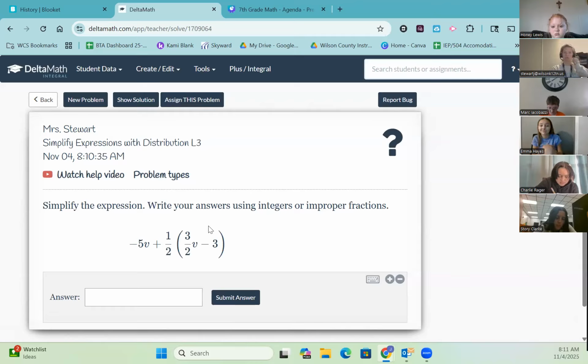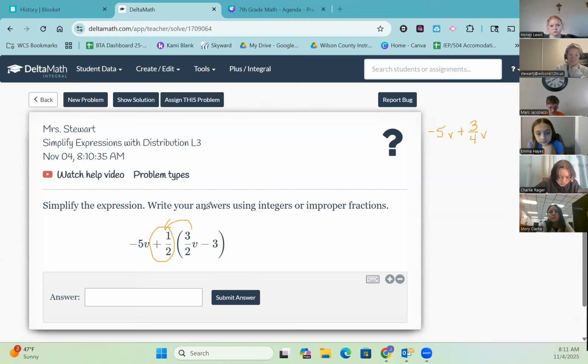All right. So same thing here. You do it exact same way. It's distributed. The negative 5v stays the same, negative 5v, and then 1/2 times 3/2v. You multiply your coefficients and you get positive, because a positive times a positive, 3/4 v.